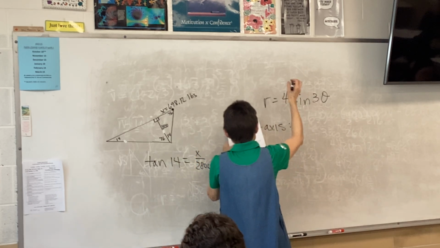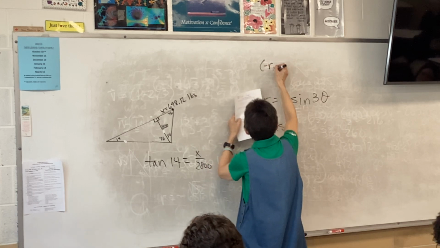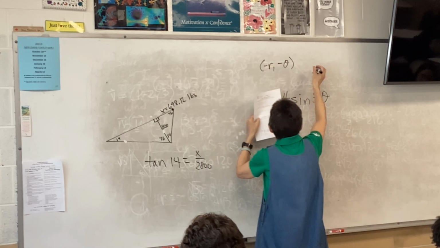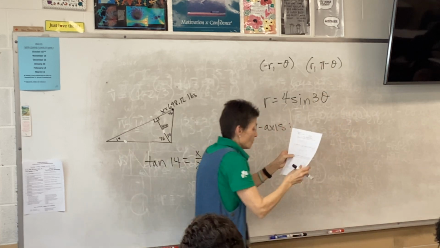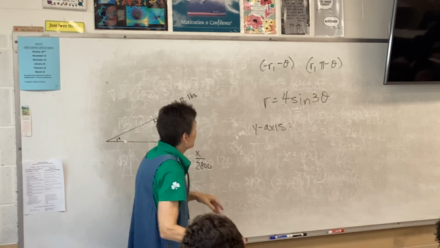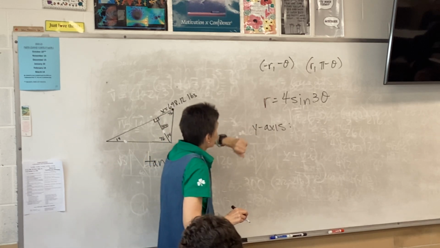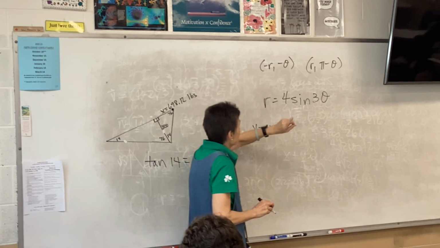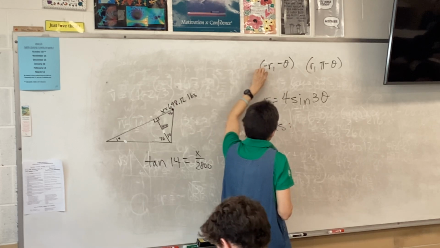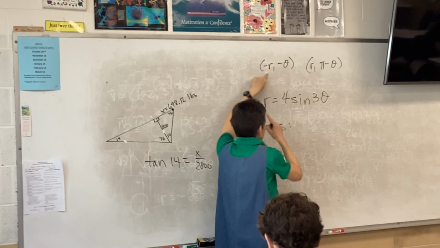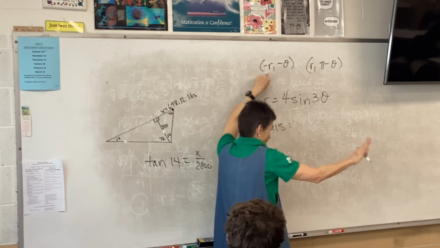So, the test for symmetry is either this or this. If this is symmetry for the y-axis, and most of us use this one first, and you try this and it works, you're done.